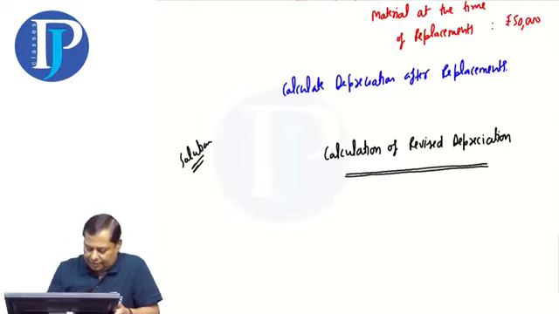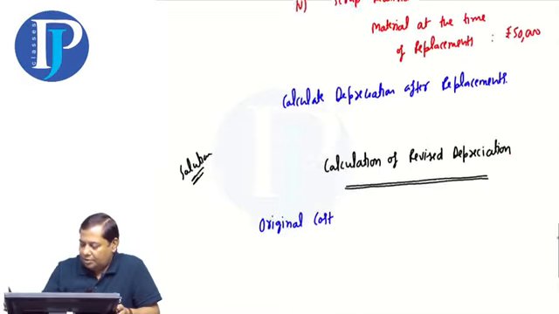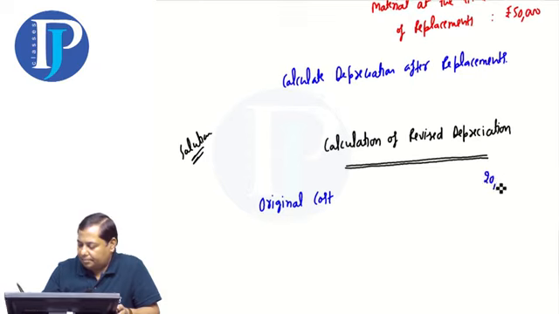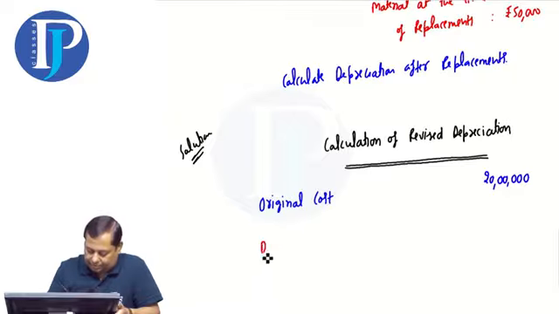Calculation of revised depreciation. The first thing we will write is the original cost. I have the original cost of 20 lakh rupees. I will deduct depreciation from this.